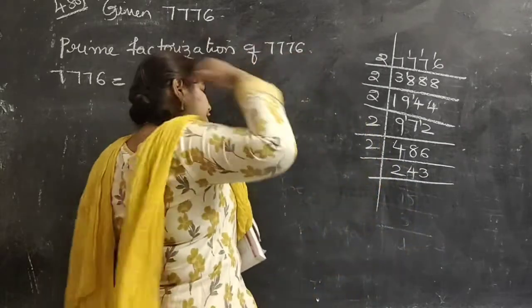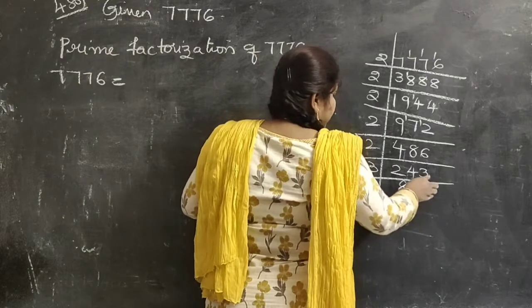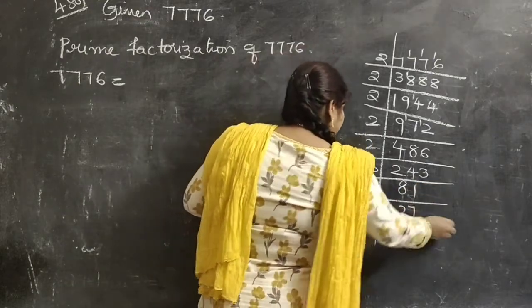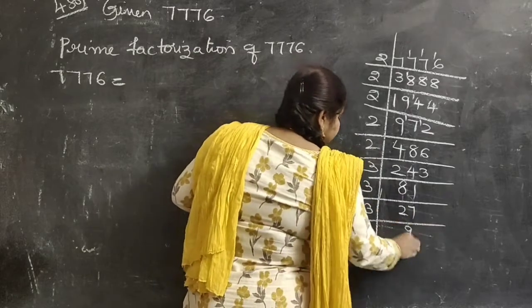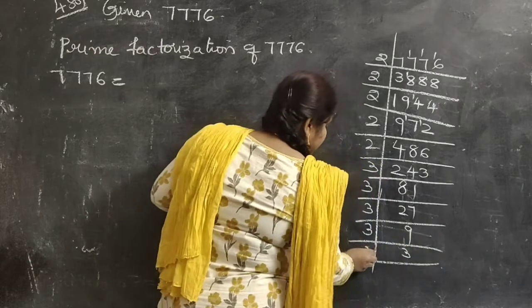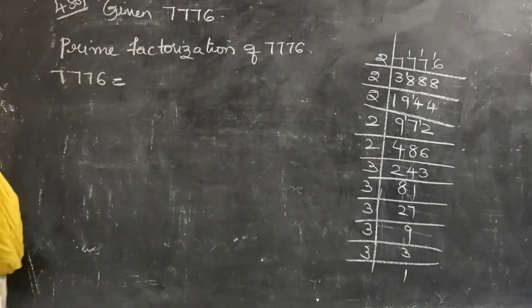Now it will go in the 3 table. 3 8s are 24, 3 1s are 3, 3 27s are 81, 3 9s are 27, 3 3s are 9, 3 1s are 3. So this is the prime factorization for the given number.